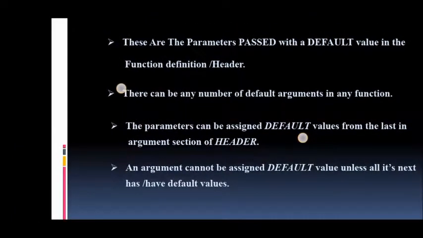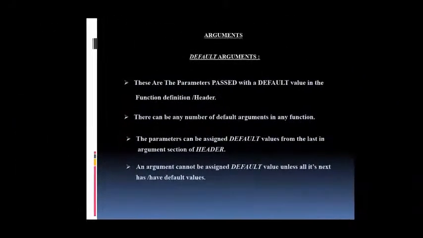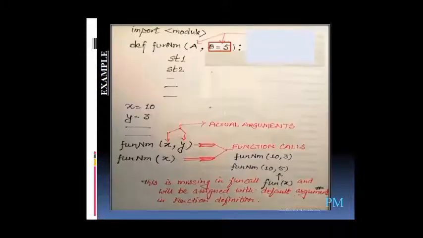That means if there are two arguments in a function header, the first argument can be assigned a default value only if the second formal argument has a default value. For an example, we'll see this in code.